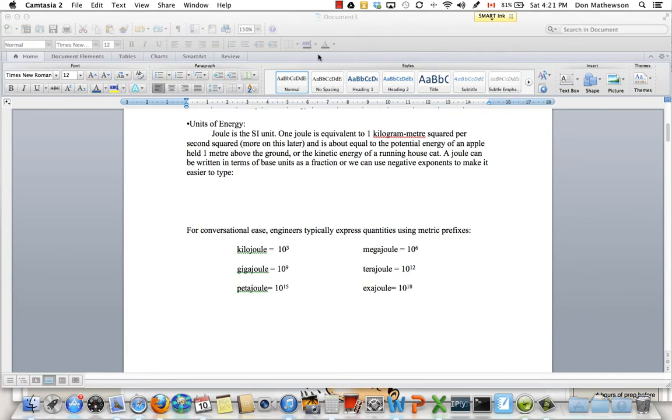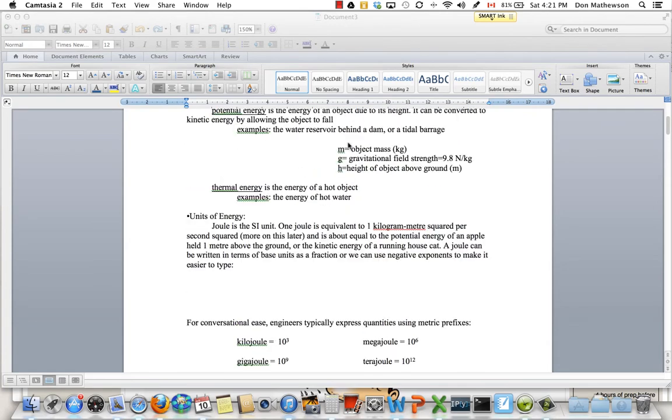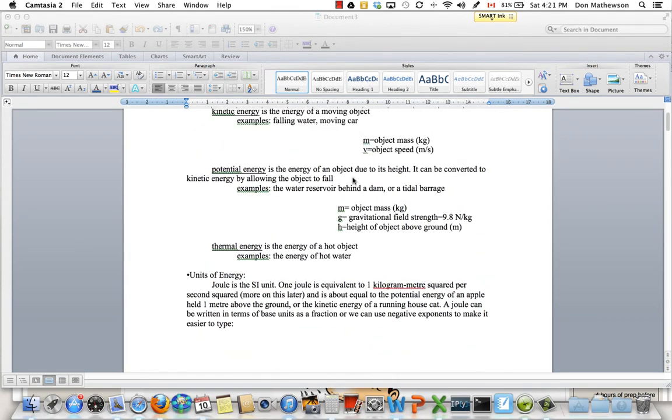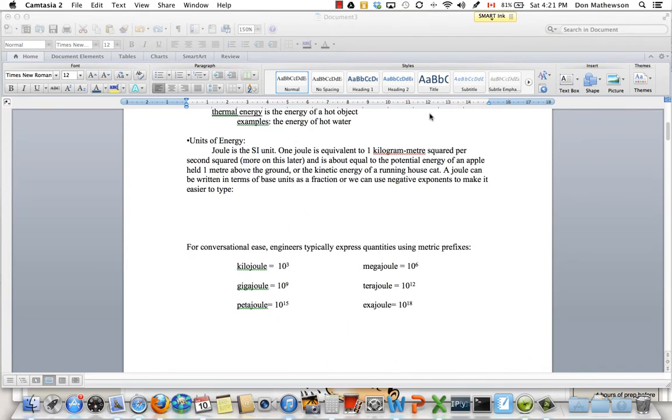Okay, now the units of energy, well, you see a number of different versions up here, but each of these is equivalent to a joule. If you multiply mass times velocity squared, you'll get kilograms times meters squared per second squared, and that is what a joule is.